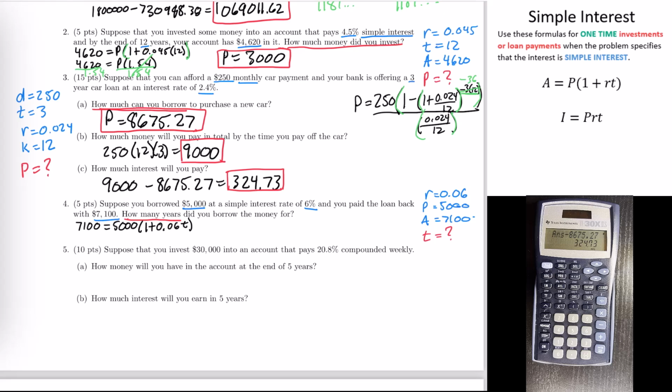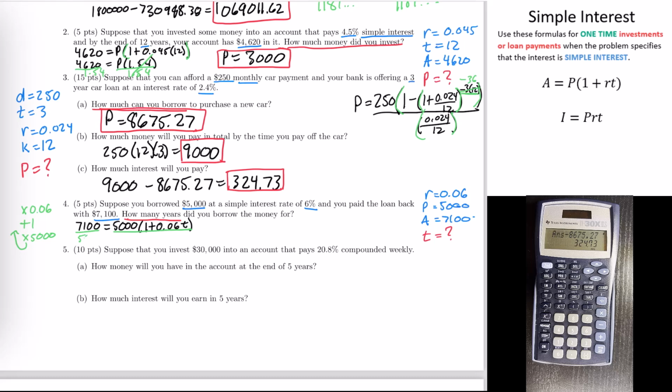So to solve this, I'm going to work backwards of the order of operations I would use if I knew what t was. So if I knew what t was, my first step would be to multiply by 0.06, then I would add 1, and then I would multiply by 5,000. And that's what would give me the 7,100. So now I'm going to work backwards, and I'm going to undo each one of these steps.